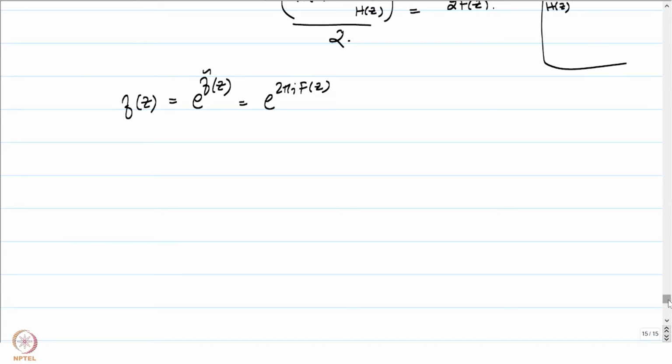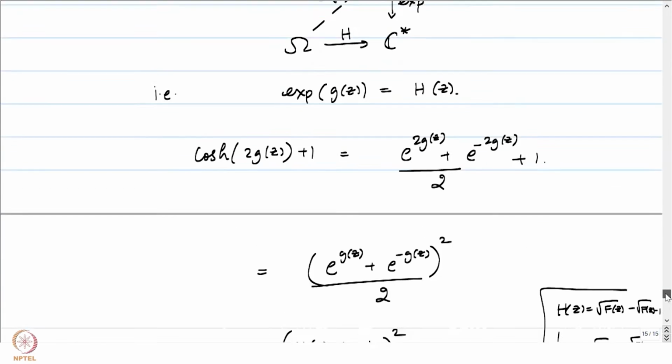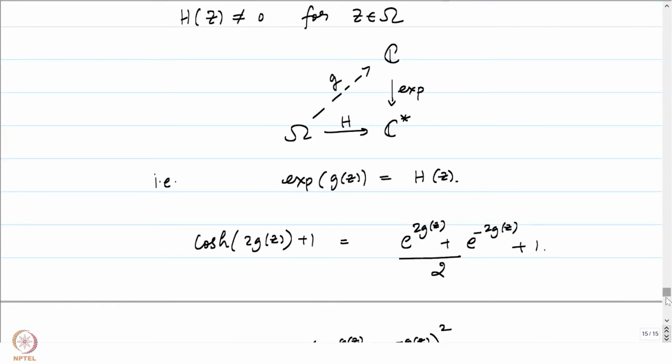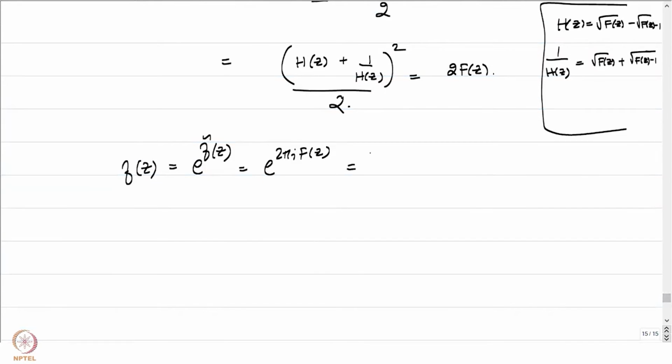And what is it to the right? You multiply now, this is just going to be equal to, what was all this? This is cosh, let me write down what it was here. This is cosh 2g of z plus 1.